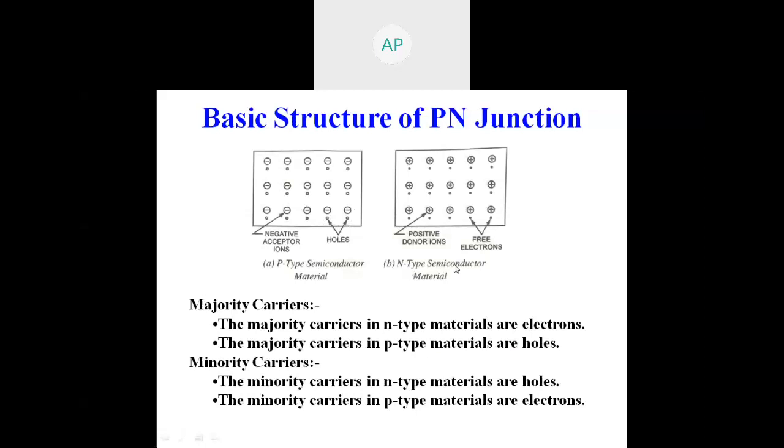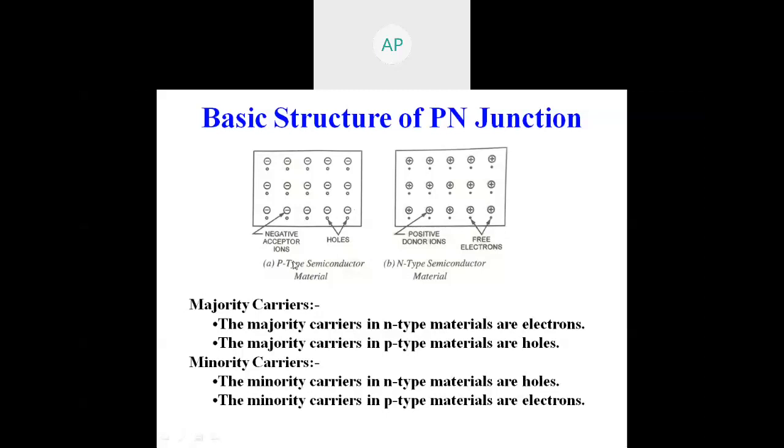Whereas for the N type semiconductor, the majority carriers are the electrons, which are represented by a small dot, and the minority carriers are the holes, represented as a small circle, but these are small in quantity. In the N type semiconductor crystal, there will also be positive ions, which are called donors.